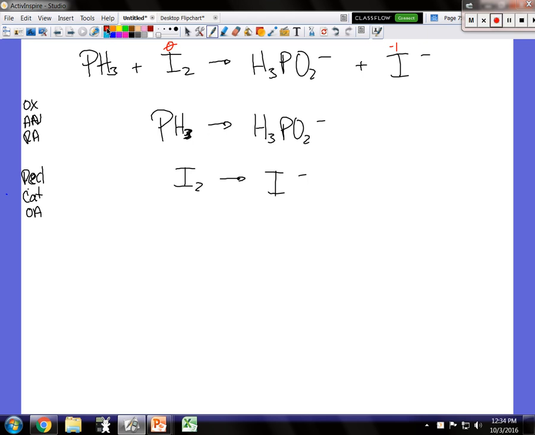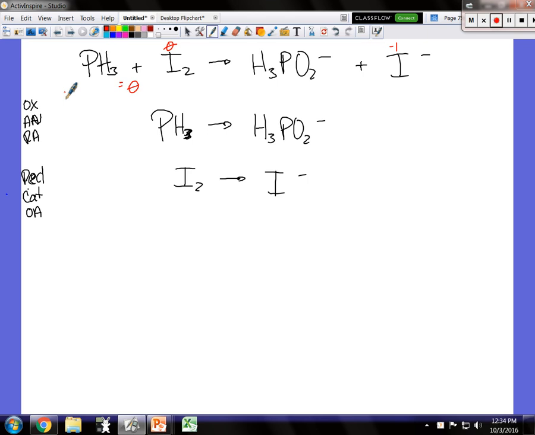So let's solve for the oxidation state of PH3. Is it neutral or is it charged? Set it equal to 0. This is kind of weird. The only rule we have here is for hydrogen, right? Hydrogen's rule is it's always +1 unless it's with a metal.